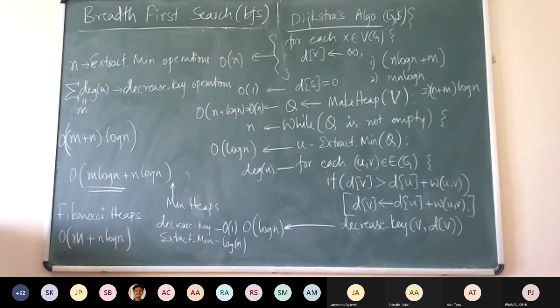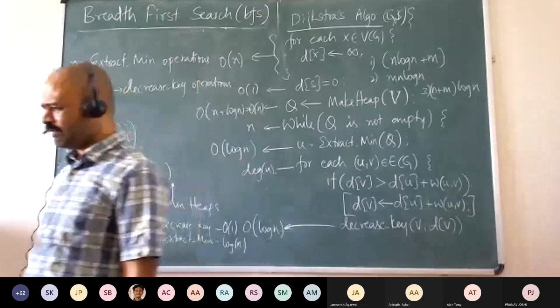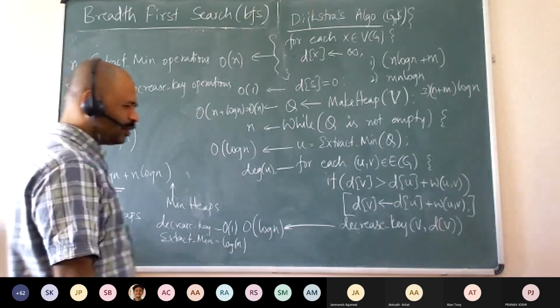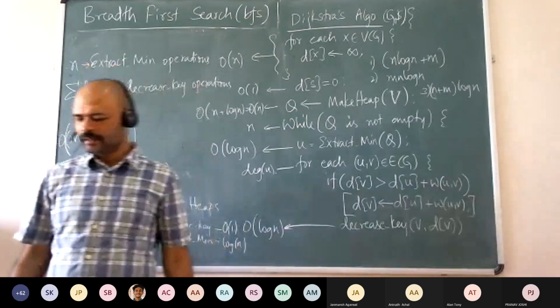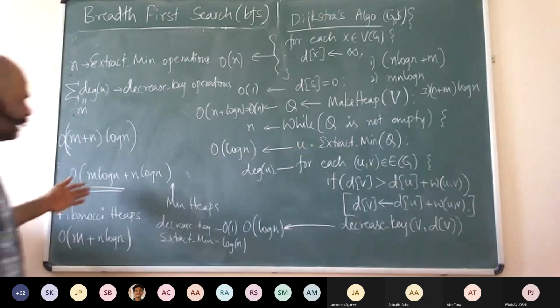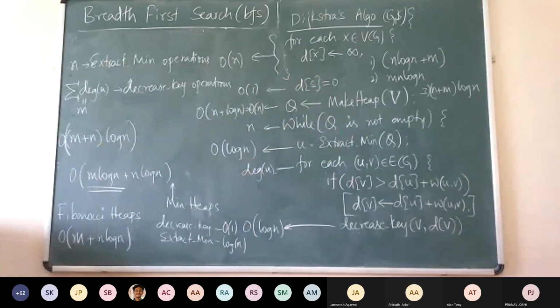Fibonacci is again a very important data structure, though it is not used so frequently because the constants are high and the implementation is cumbersome. But a min heap is very easy to implement.